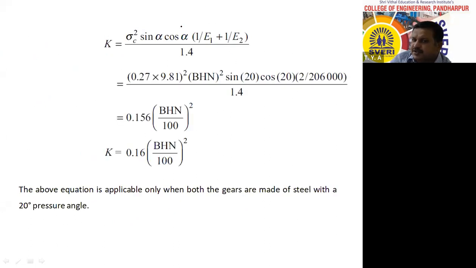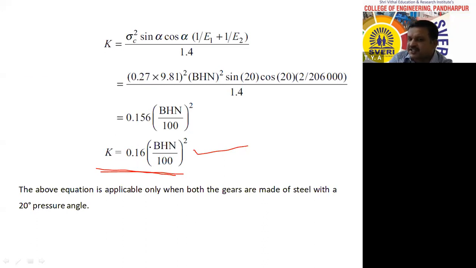Therefore, if we substitute all these values, the final value we are getting for K is 0.16 into bracket BHN divided by 100 bracket square, and this value we are going to use for the calculation. Directly we are going to take this value of K for our calculation.